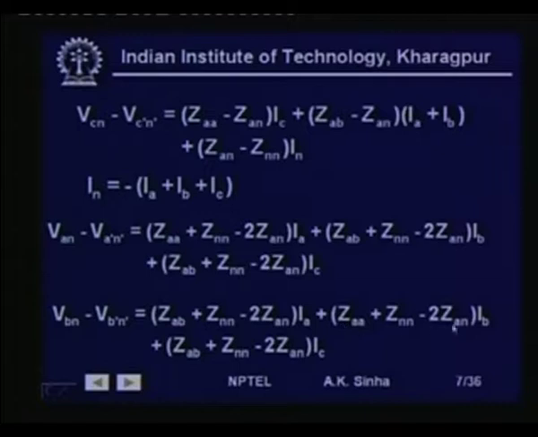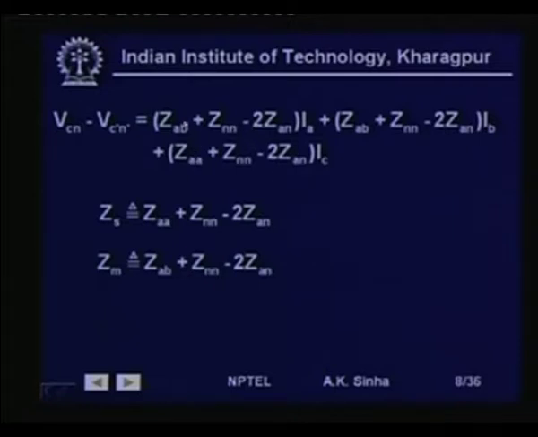Here again this term is coming for IB, and similar terms are coming for the other phase currents. So, we can write this term as ZS, or the self impedance. ZS is defined as ZAA plus ZNN minus twice ZAN, and these terms are the mutual impedance terms. Zm is defined as ZAB plus ZNN minus twice ZAN.